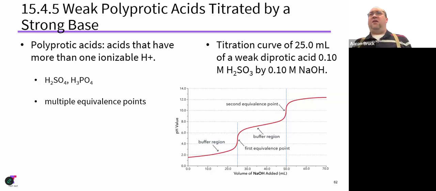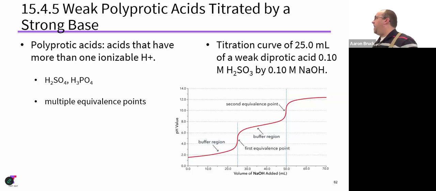Yesterday in lab, you did the titration curve for phosphoric acid for the first two equivalence points. And what you see in these kinds of curves is that you get multiple equivalence points, you get multiple buffer regions.